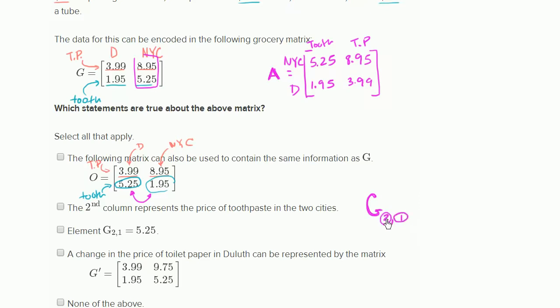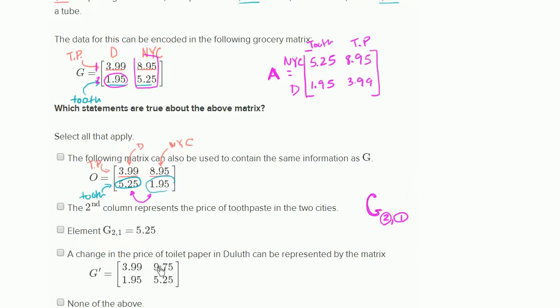So this says second row, first column. So let's go there. Second row, first column is right over there. So G2,1 is not 5.25. So I wouldn't check that one either.